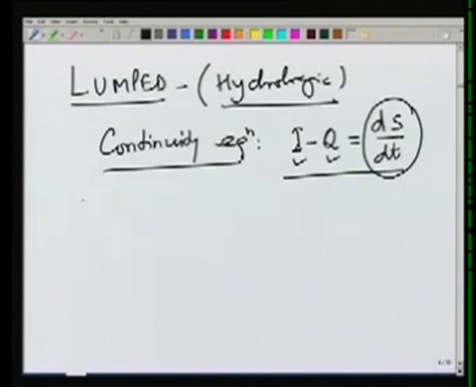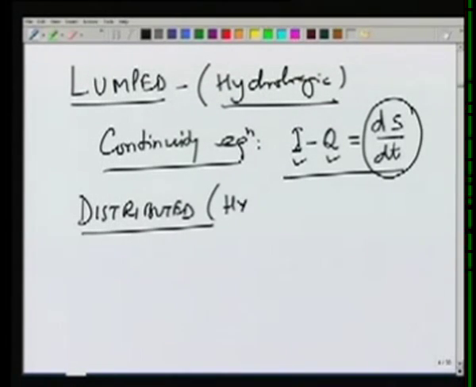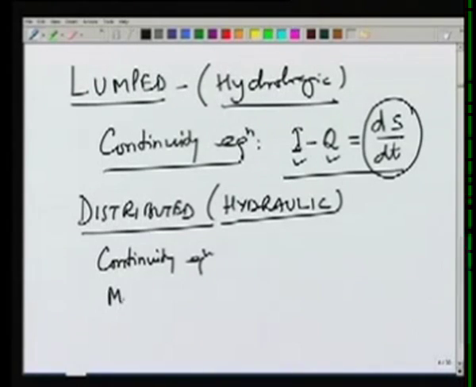While in the distributed model, which is also known as hydraulic routing, we use a continuity equation and a momentum equation.